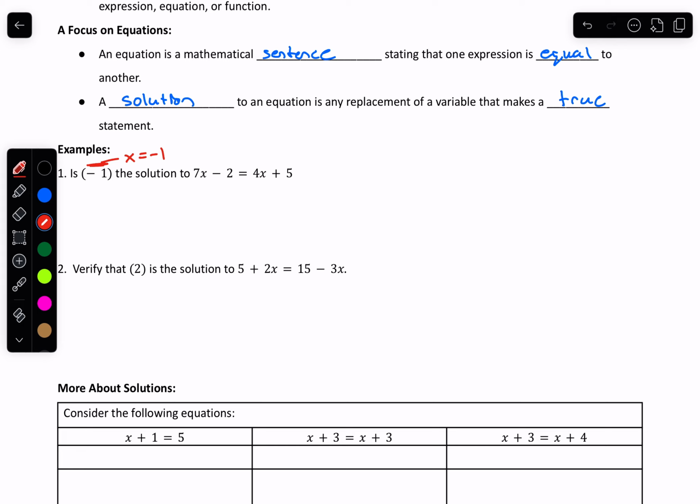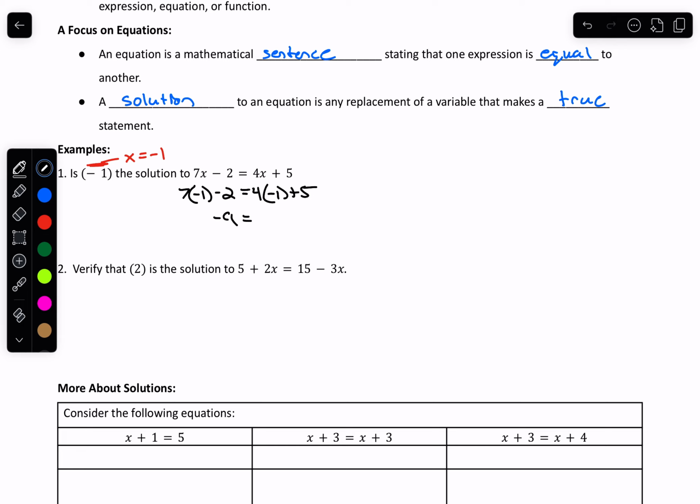So now the way we check if it's actually right is we evaluate this equation with -1 plugged in for every x. So to do that, we're going to take 7x minus 2 and write it as 7 times -1 minus 2. Now on the right side, 4x plus 5 is going to become 4 times -1 plus 5. We can simplify each side. 7 times -1 is -7. Minus 2 gives us -9 on the left.